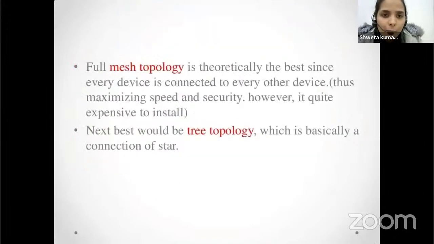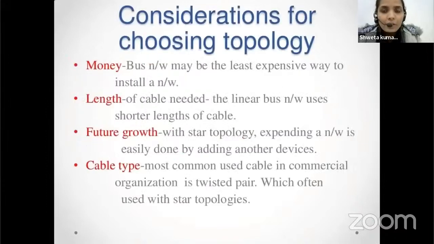Full mesh topology is theoretically best since every device is connected. So basically, if you want to build an ideal system, the considerations for choosing the topology are money, length, future growth, and cable type. From a money perspective, the least expensive is the bus network. From a length perspective, you can also go for a bus network.